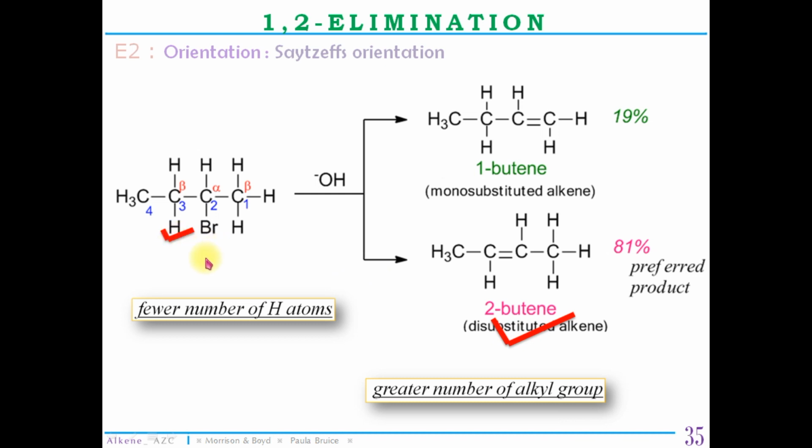And when we see the reactant, it has 2 beta carbon atoms, and the statement is abstraction of hydrogen from the carbon which has the fewer number of hydrogen atoms. This carbon has 3 hydrogens and this beta carbon has 2 hydrogens. So the base will abstract hydrogen from this carbon which has fewer hydrogen atoms.